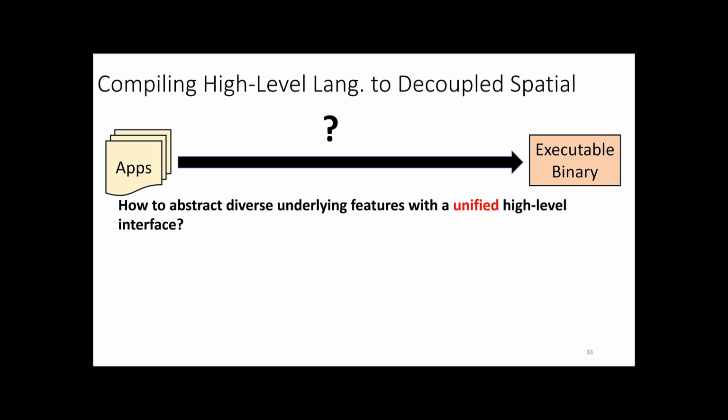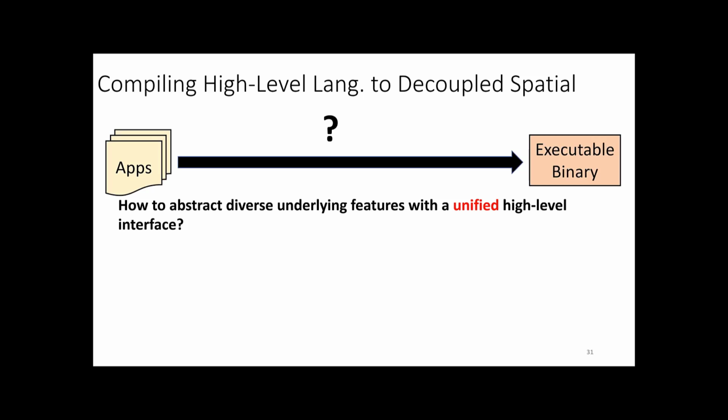So the high-level programming interface for our accelerator should also be generic enough to describe a wide range of applications. Therefore, a domain-specific language is not that satisfying. So here we decide just to use C as our high-level programming interface.